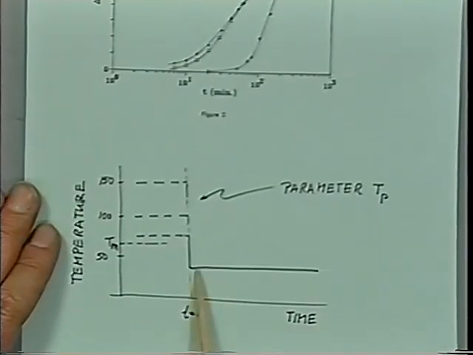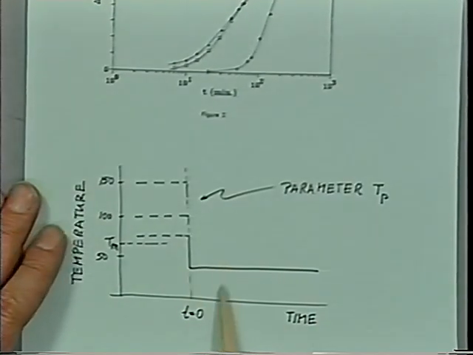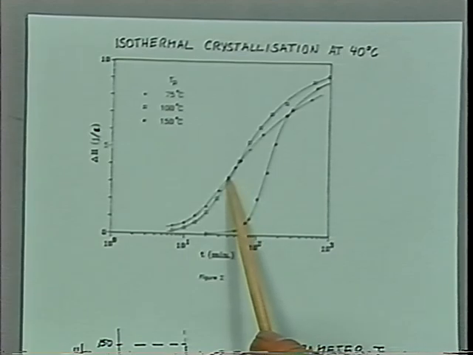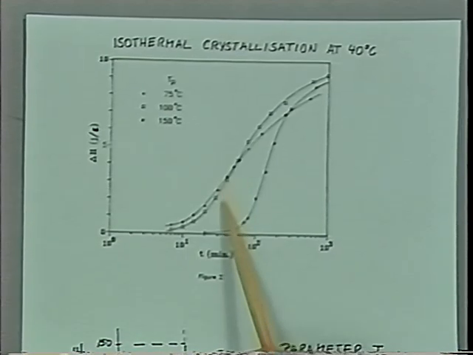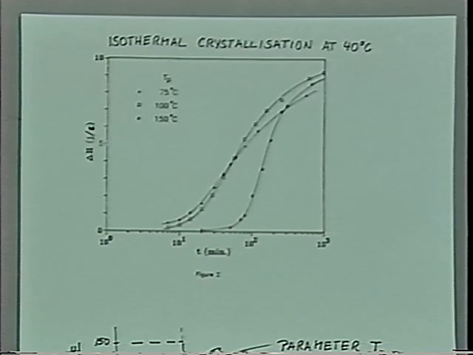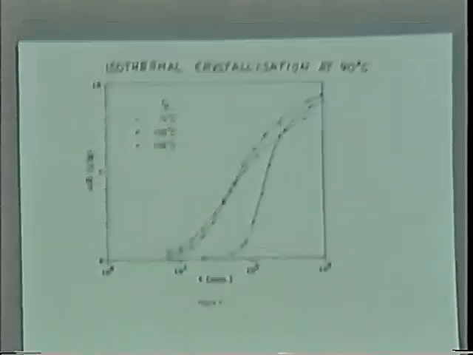So we perform this experiment, have the sample in the DSC for a while, and then start heating it and measure the enthalpy which we need for melting whatever crystal has been developed in the system. So with that experiment, we get the evolving degree of crystallinity in the sample for different preheating temperatures.